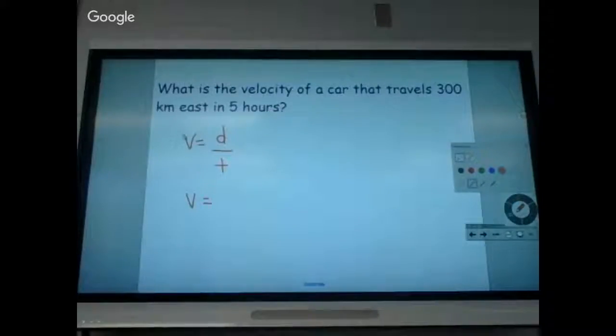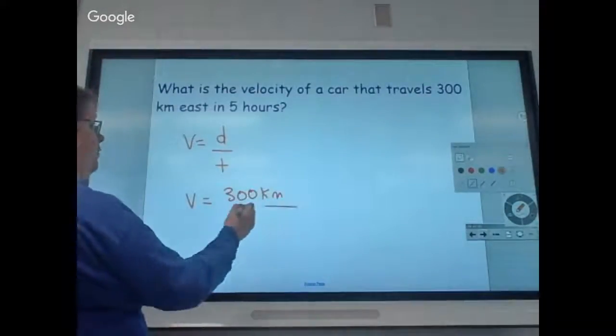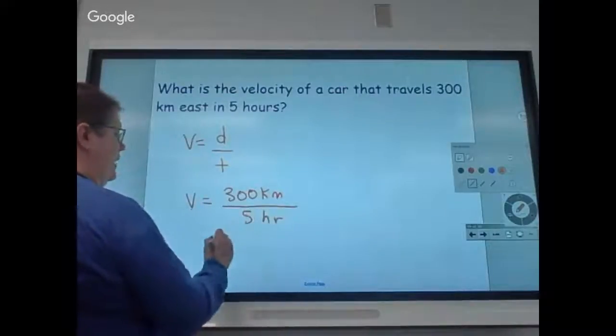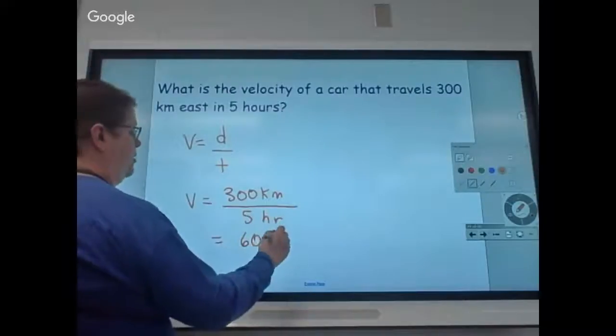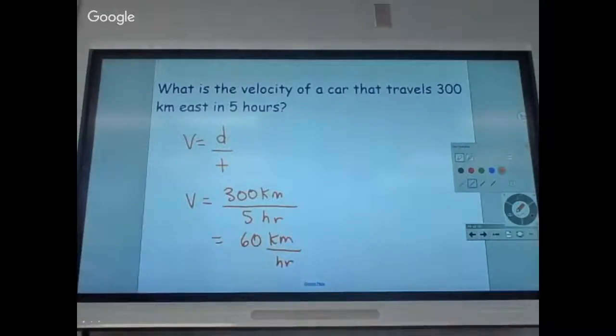All right, so how do I find the velocity? What is the distance? 300. So 300 kilometers over, what is our time? 5 hours. So when we calculate, that is 60 kilometers per hour. Now, that is what we would have written for speed.